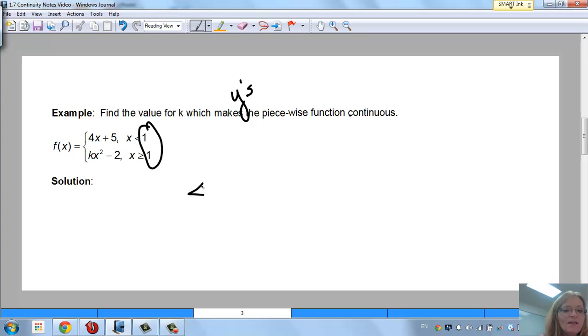If I take the top piece, 4x plus 5, and put it equal to kx squared minus 2, so that those points will meet, you say, well, I still don't know what to do because I have x's and a k. Well, when does this break happen? It happens at 1. So I'm going to place a 1 here and a 1 here.